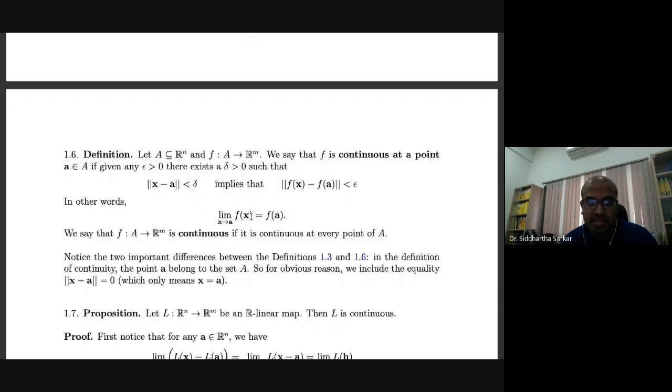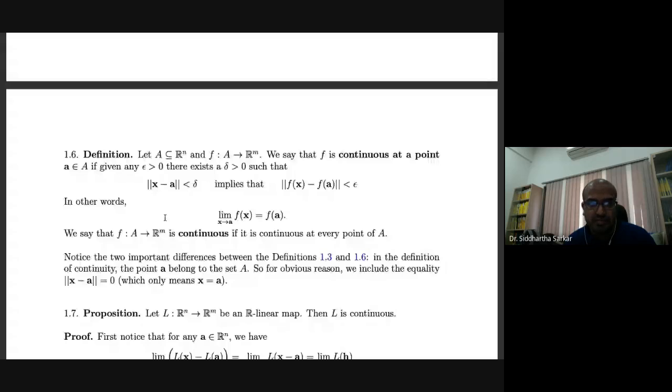In other words, you say the limit of f(x) as x tends to a is just f(a). So in this case, my limit coincides with the value f(a), and that is what is required. Instead of b, you specifically need the limit b to be equal to f(a). That's the only difference between these two definitions. And here we are intentionally not writing 0 less than, because I'm already including x equal to a, which is easily seen as part of the definition.